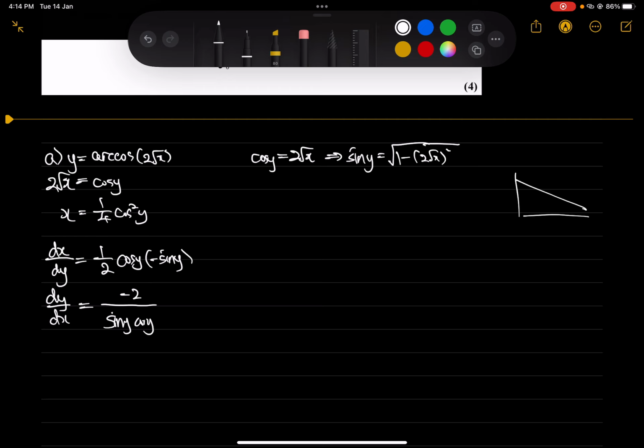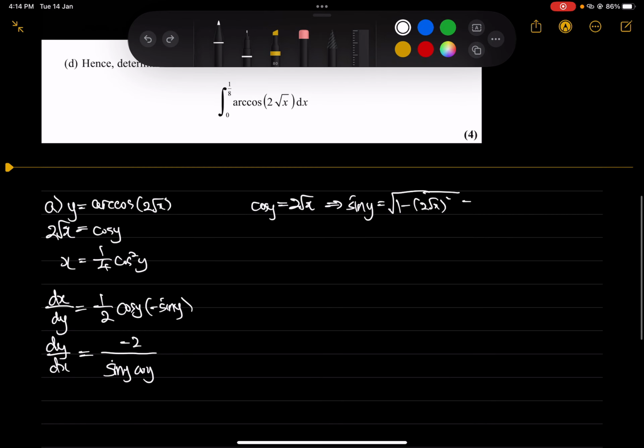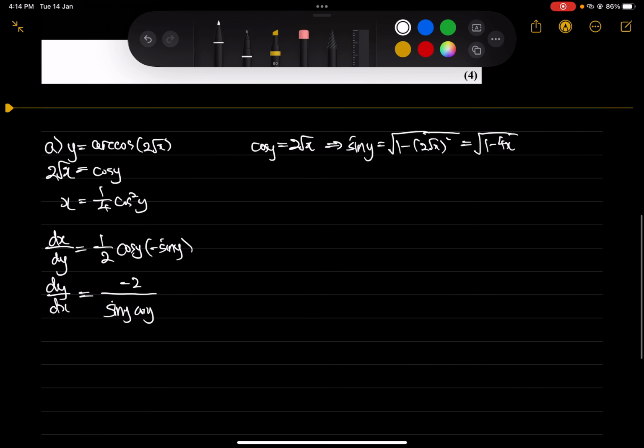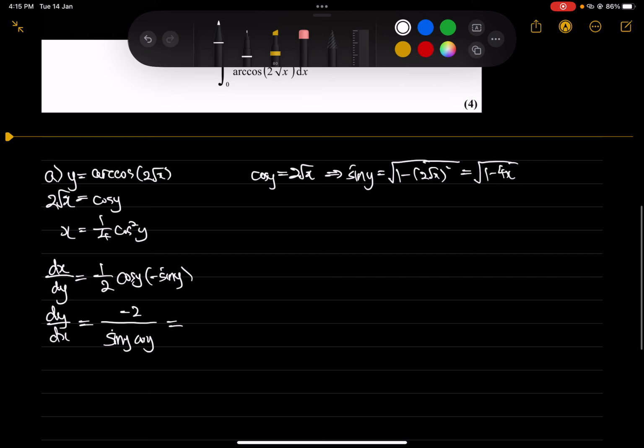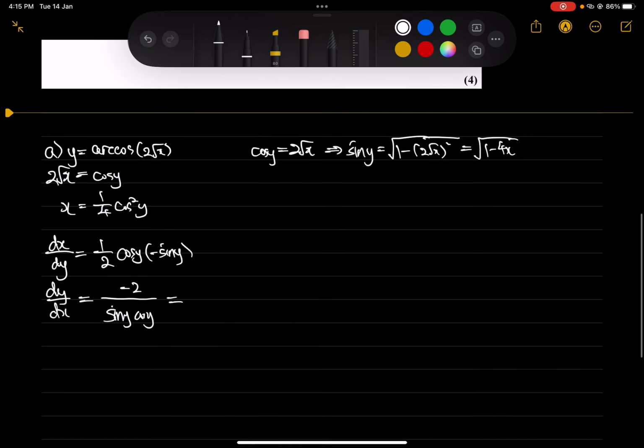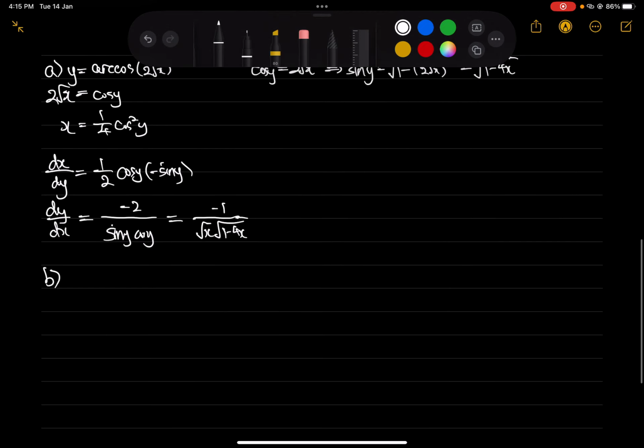Just this triangle right here, and Pythagoras' theorem, just very basic stuff, is 1, root 1 minus 4x. So negative 2, so we have root x, root 1 minus 4x, and negative 1. And that's it for part A, quite simple.